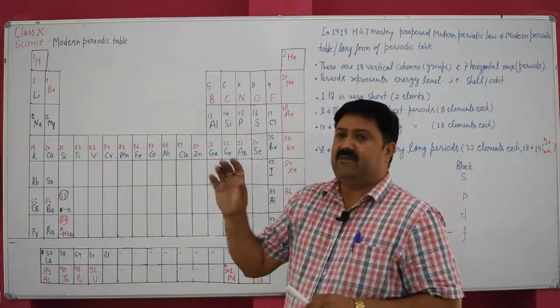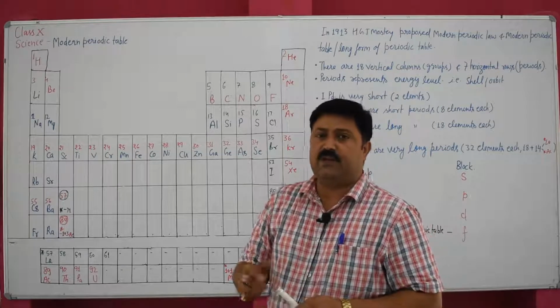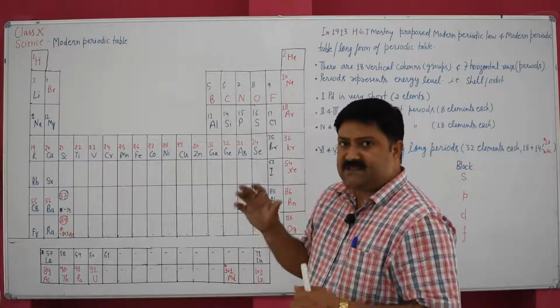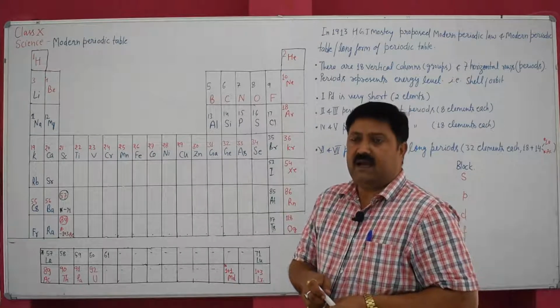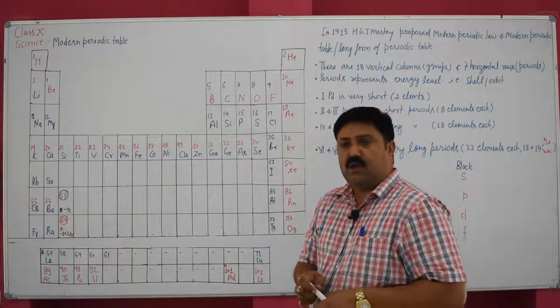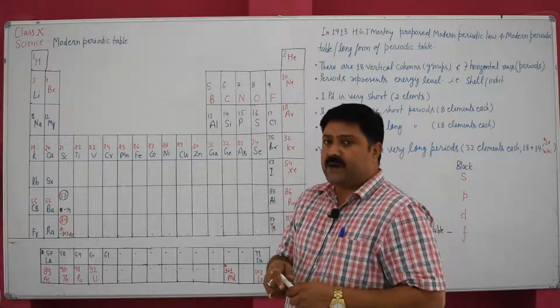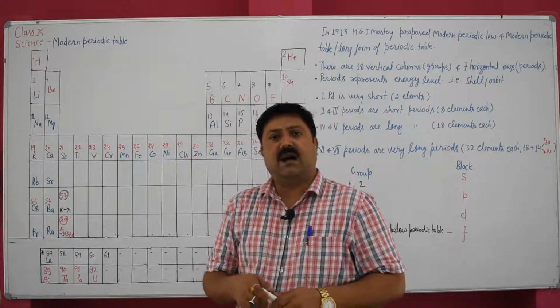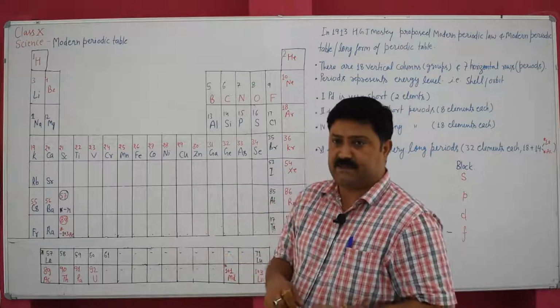So Mendeleev gave the old form of periodic table, known as Mendeleev periodic table. He arranged the elements on the basis of their mass numbers and gave the Mendeleev periodic law, which states that properties of elements are a periodic function of their atomic masses.